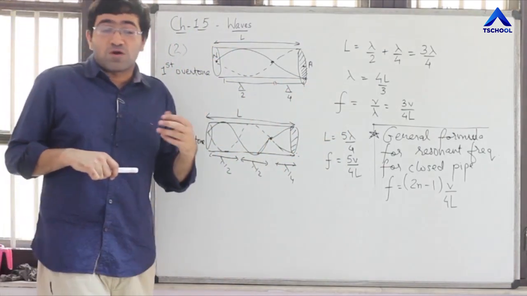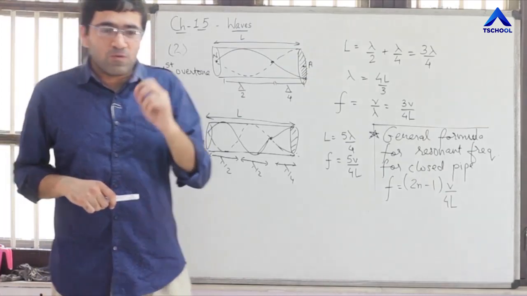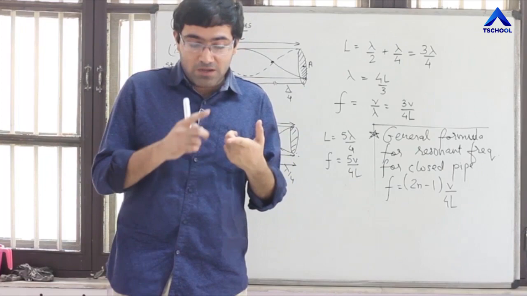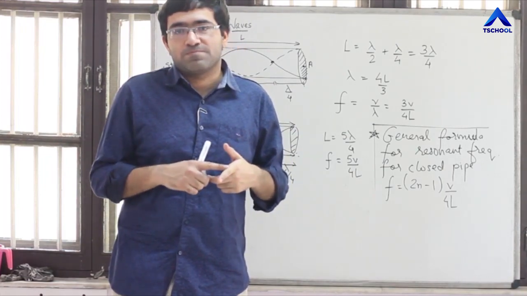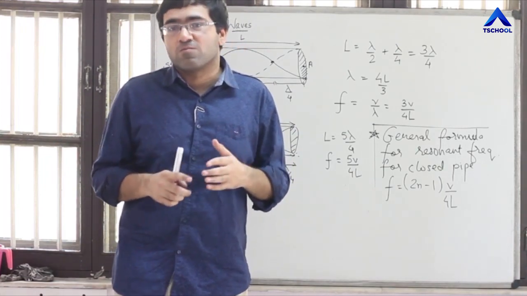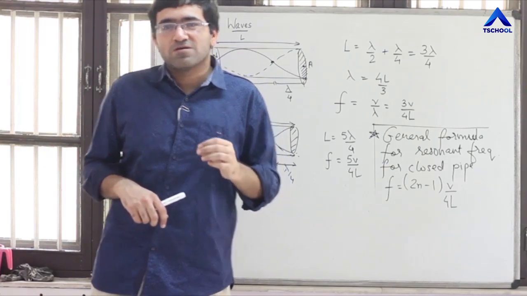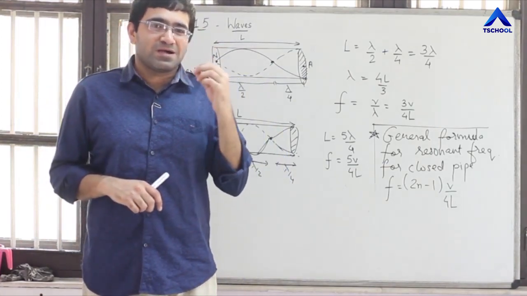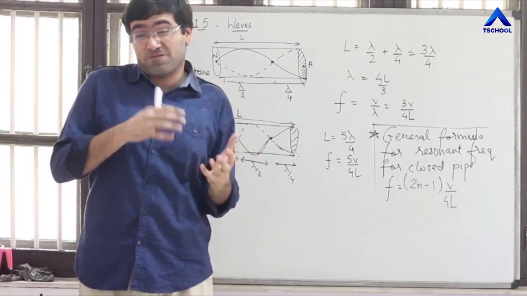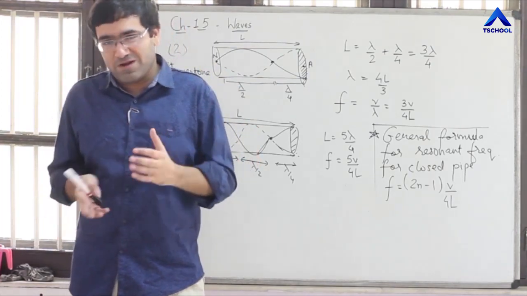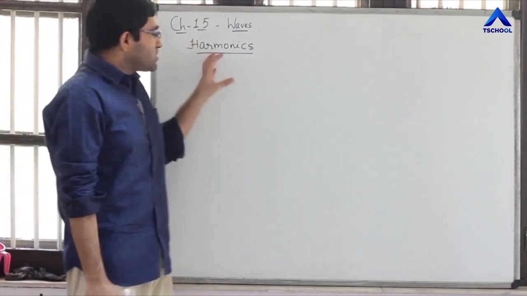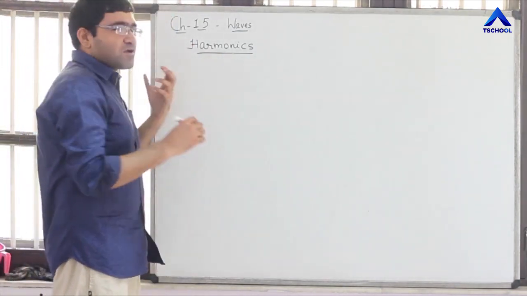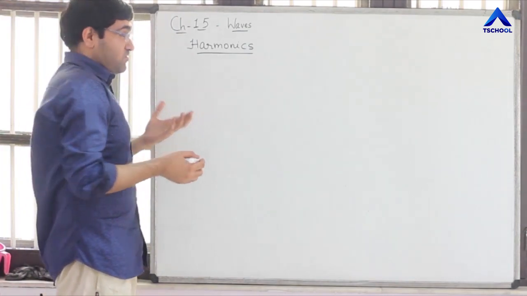Now we're going over to one topic, one common thing that connects all these, the string, the open pipe, the closed pipe, and that is harmonics. Now it's worth knowing, worth remembering what is harmonics and the difference of harmonics with overtones. Be very careful. So let's start with harmonic. What is harmonic? We are going to define it first of all.